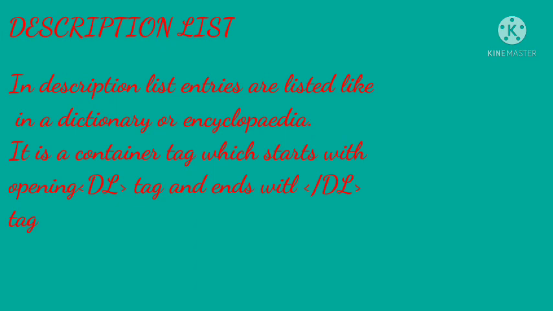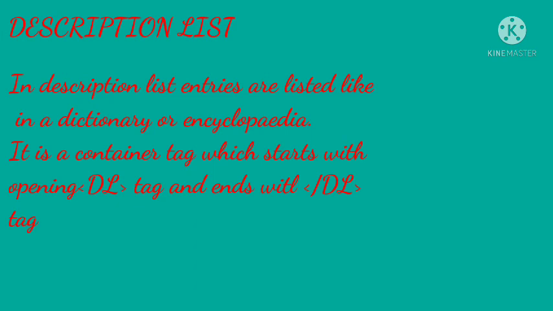It is a container tag which starts with the opening DL tag and ends with the closing DL tag. It consists of two elements, DT and DD. The DT element is used to define the definition term part, and the DD element is used for the definition description.